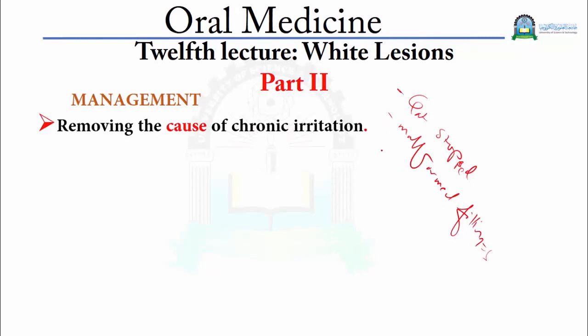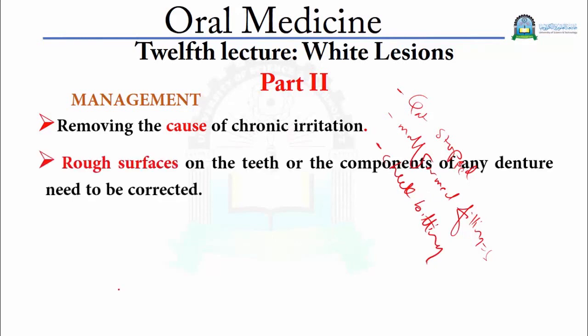If the patient has the habit of habitual cheek biting, you should ask him to stop this habit. The rough surfaces, as we mentioned, should be corrected, and the other causative factors should also be managed.